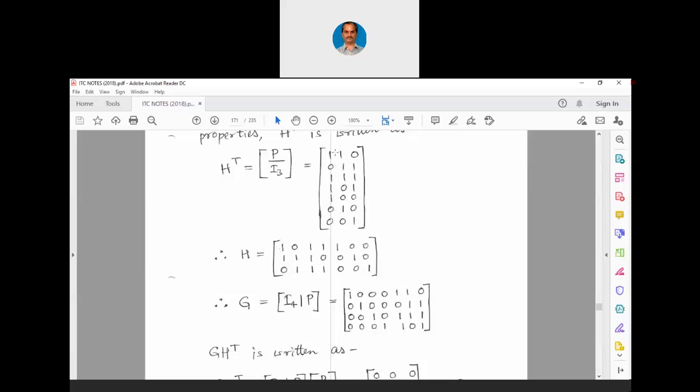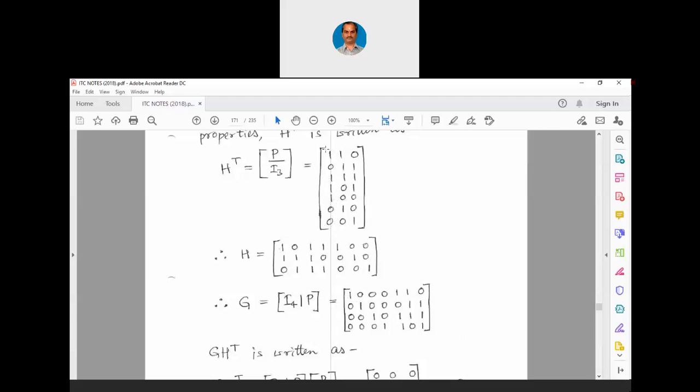So we will get 1 XOR 1. We will get 0 only. You can see 1011 is here, 1011 is here, then 100 is here in H transpose.